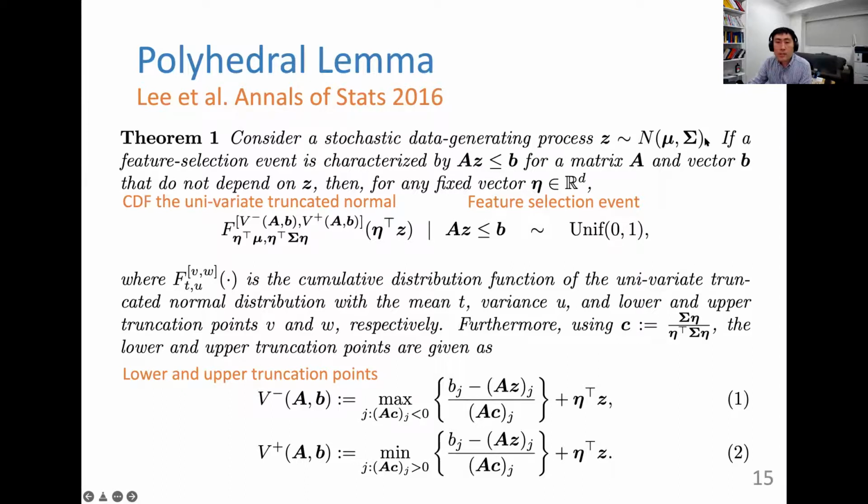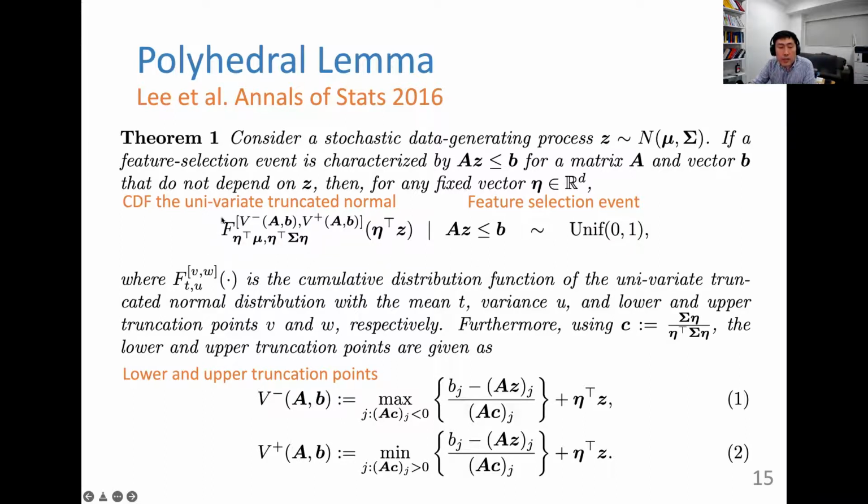If a feature selection event is characterized by this form, which I will explain, that is, if feature selection can be written with a matrix A and a vector B that do not depend on Z, then for any fixed vector eta, we have these results.